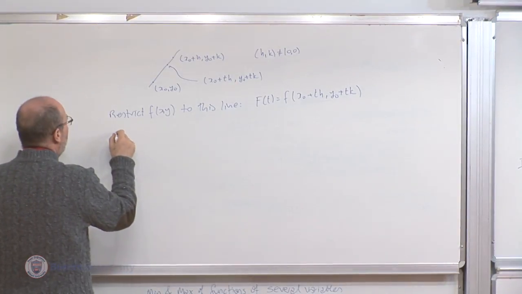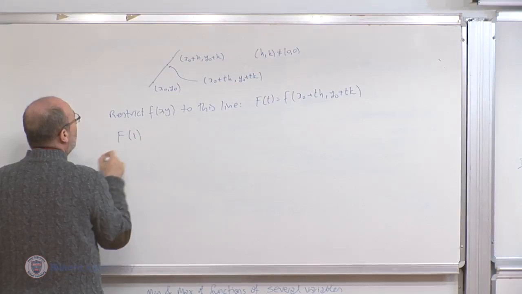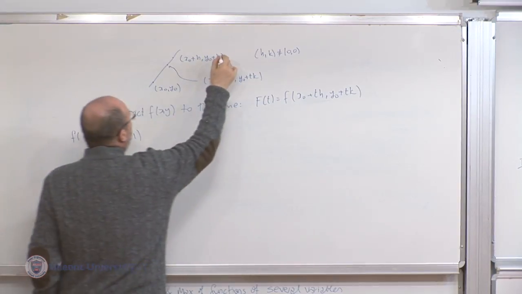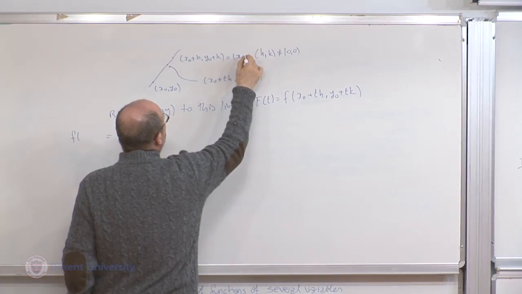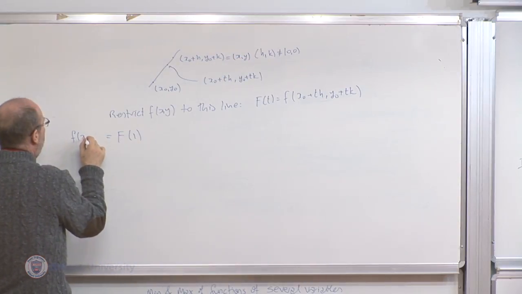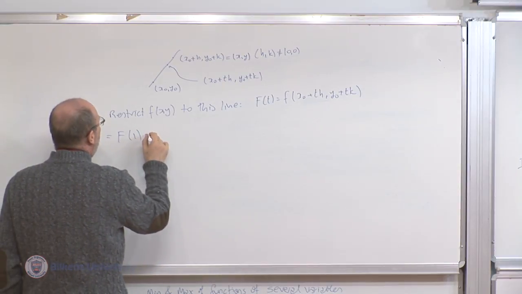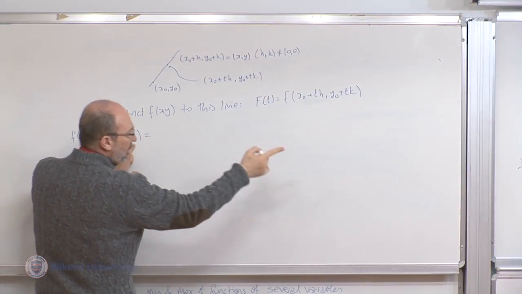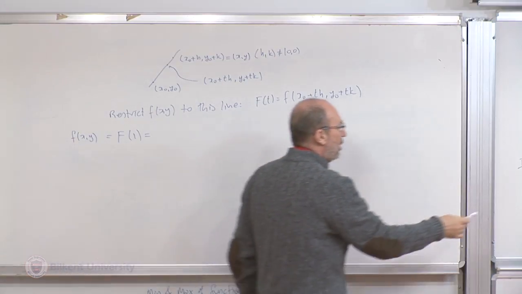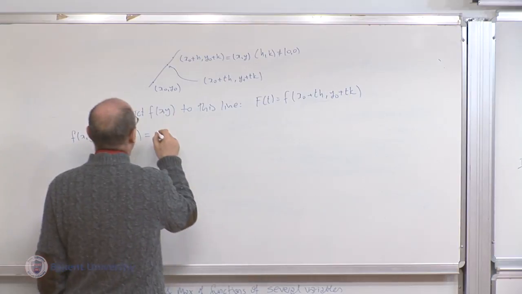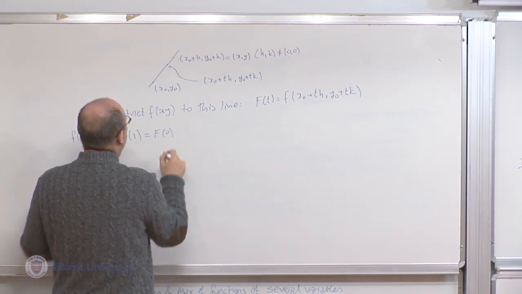So the function at 1, this is the value of the function f at (x, y), that corresponds to f of 1. So this is equal to, what does it say? I calculated at the center of my interest. This is f(0) here.